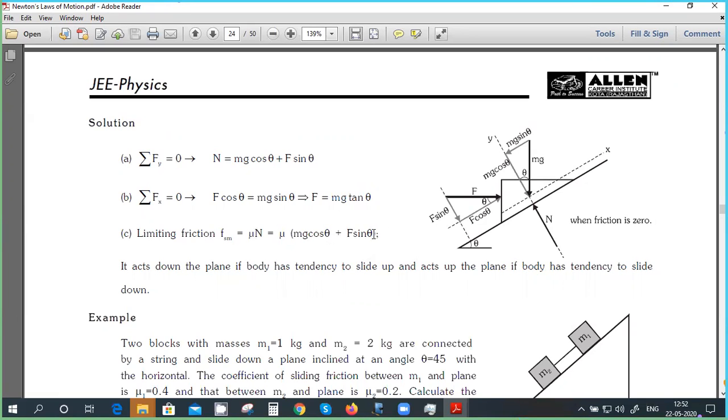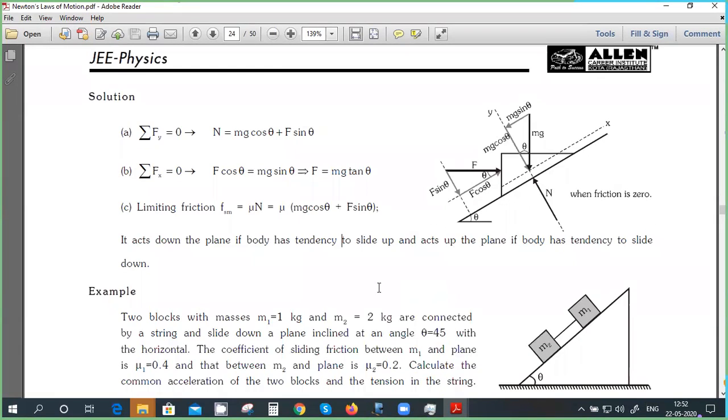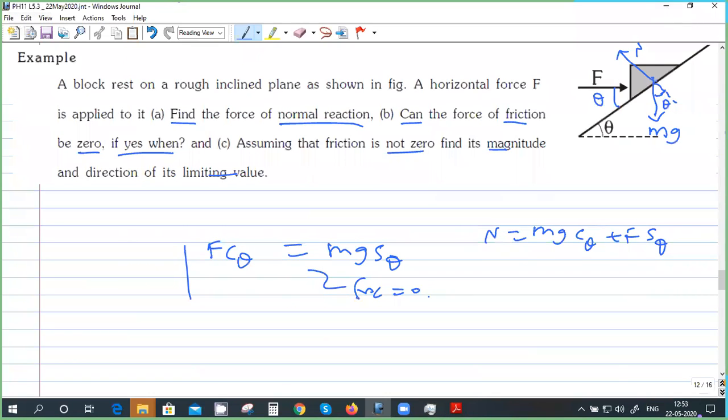The bracket should not be here. It's mu (mg cos theta plus F sin theta). Fine. I have put this sheet also. You can also look at this one, and if you have any doubts, consult next time.